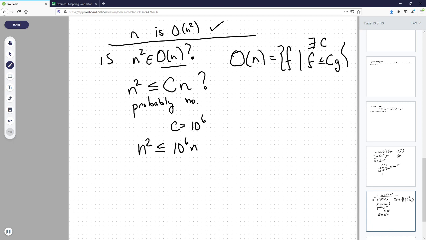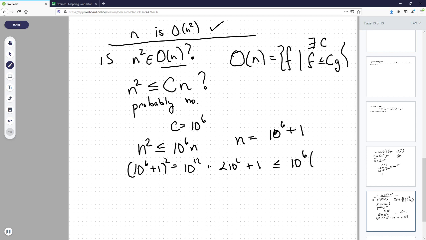Eventually, if we pick n as, say, 1,000,000 plus 1, then we're going to see that (10^6 + 1) squared is equal to 10^12 + 2 times 10^6 + 1, which supposedly is less than or equal to 10^6 times (10^6 + 1), which is equal to 10^12 + 10^6.